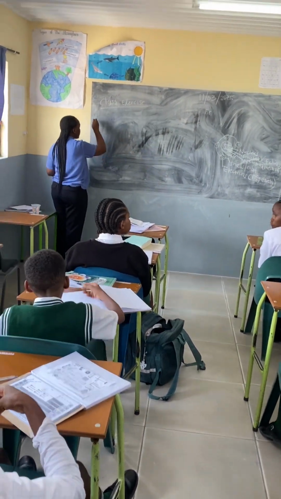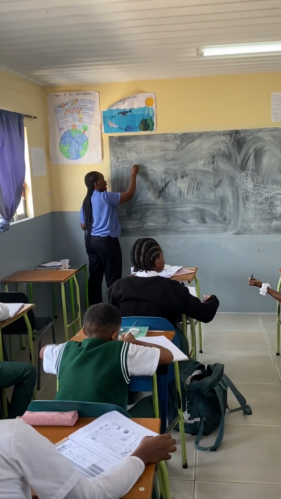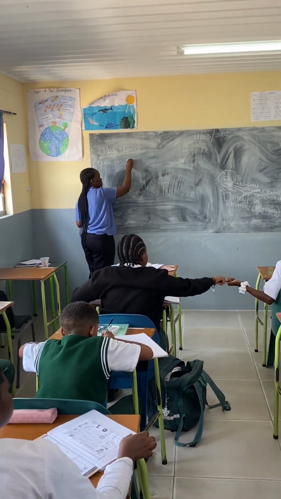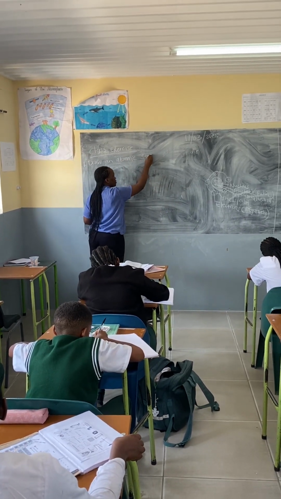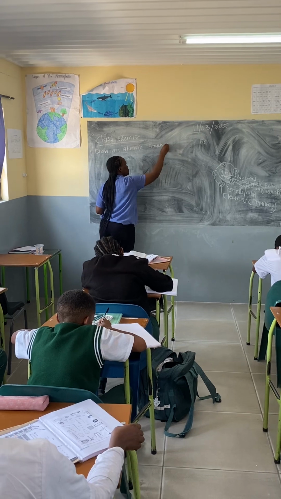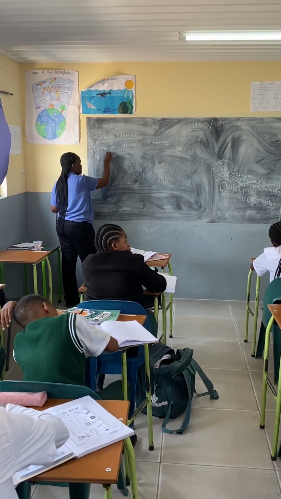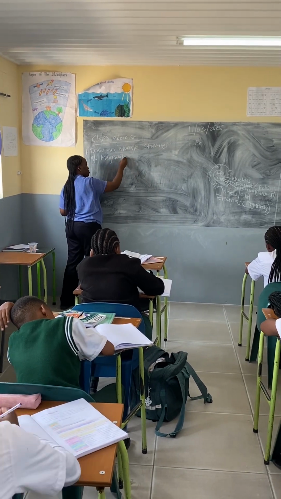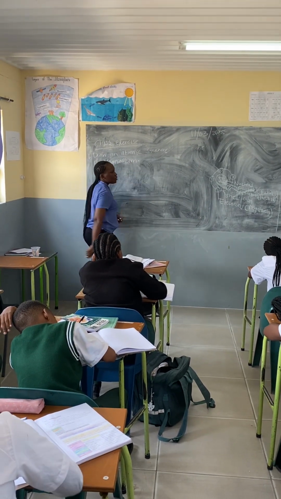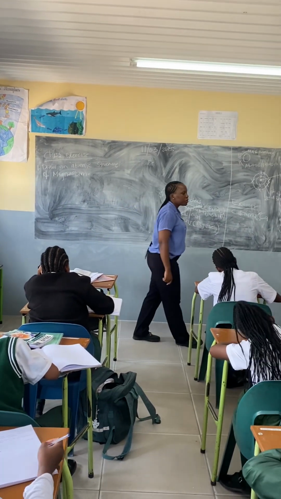Class exercise number 1. Draw an atomic structure of magnesium. Let's just first draw the atomic structure of magnesium using your periodic table.